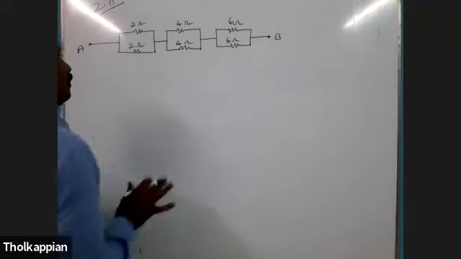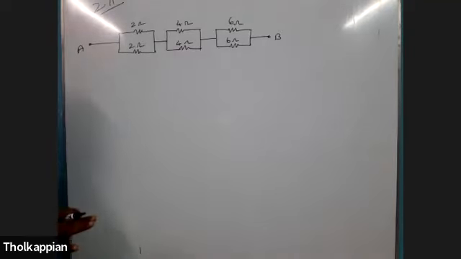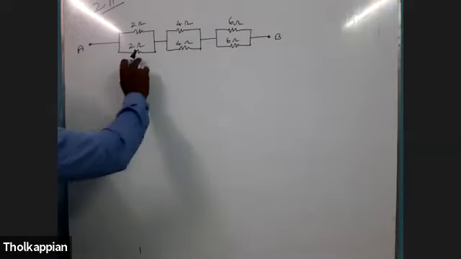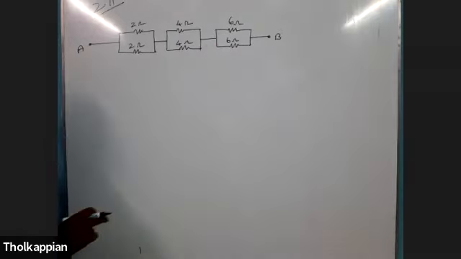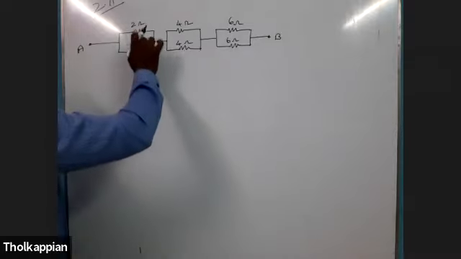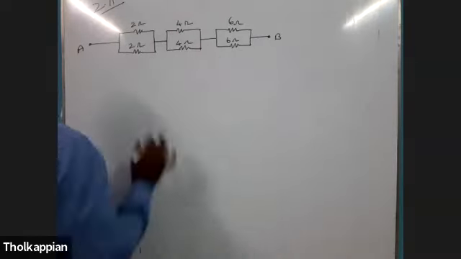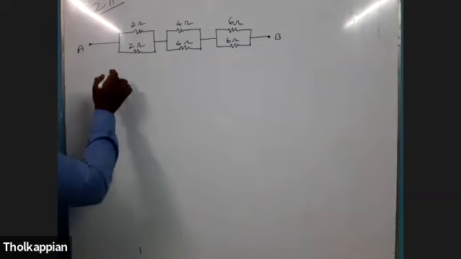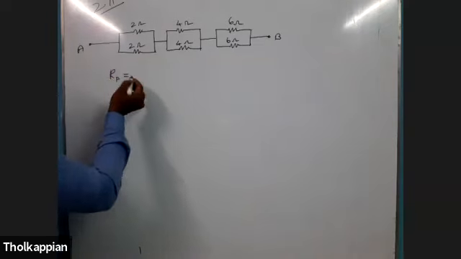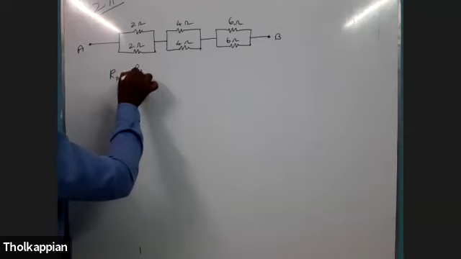So if the resistances are given like this, first you close the loop. This is in parallel connection. This is in parallel. This is in parallel. You know that value, that is R in parallel, is equal to what?